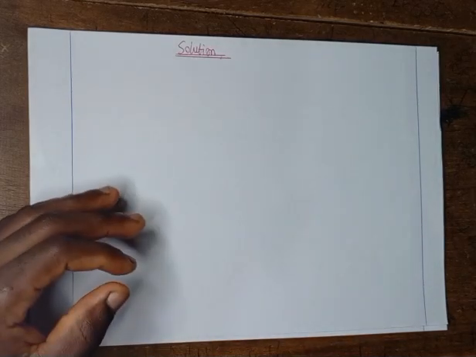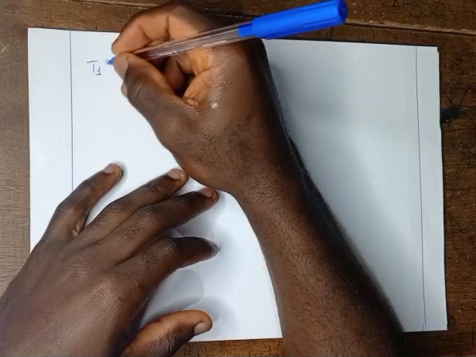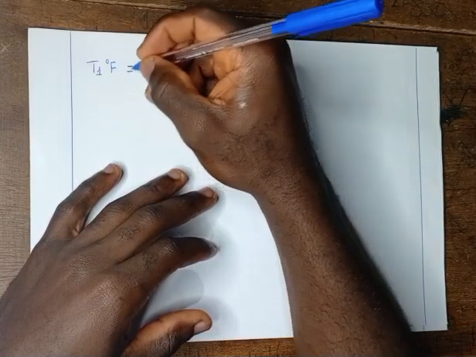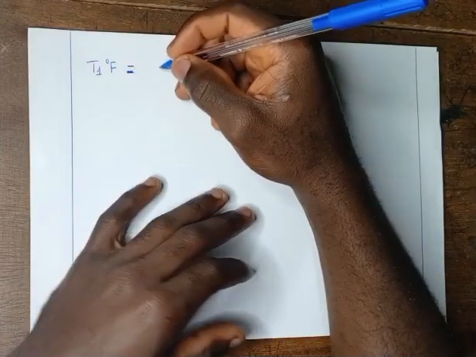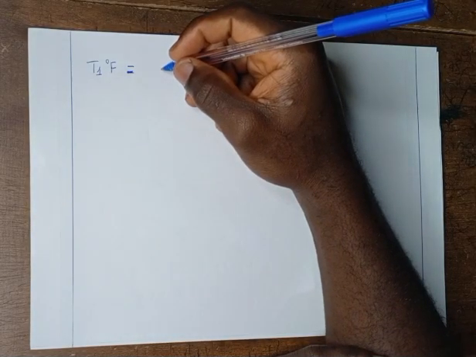For us to convert 25 degrees Celsius to degree Fahrenheit, we are going to make use of the above formula. T1 in degrees Fahrenheit will simply be equal to, first we multiply the value of the temperature in degrees Celsius by 9/5.